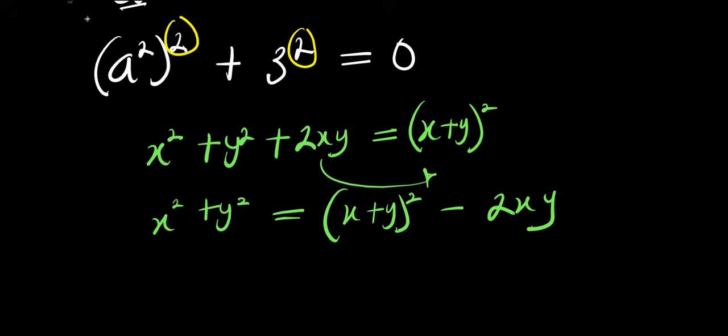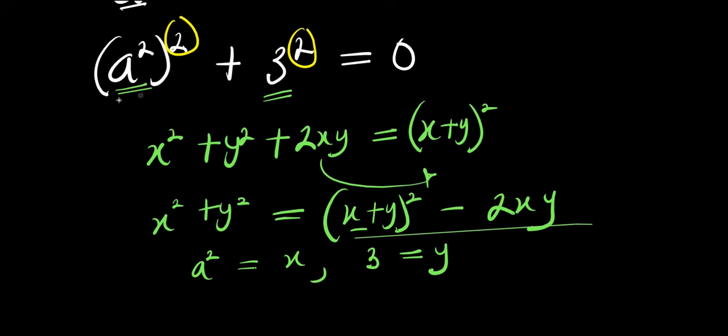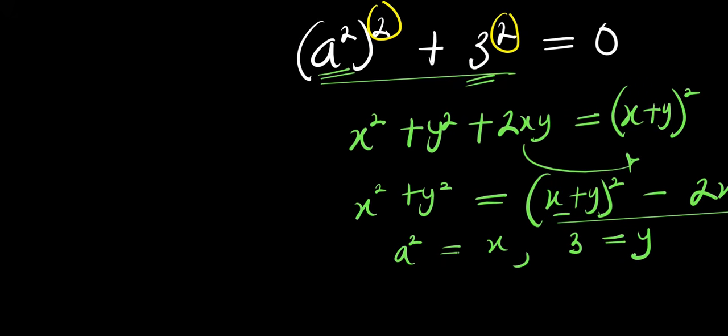Now from here, this a squared becomes our x, and the 3 becomes our y. So we will make use of this in order to expand this part of the equation. So that means x squared plus y squared is a squared power 2 plus 3 power 2 equals x plus y.